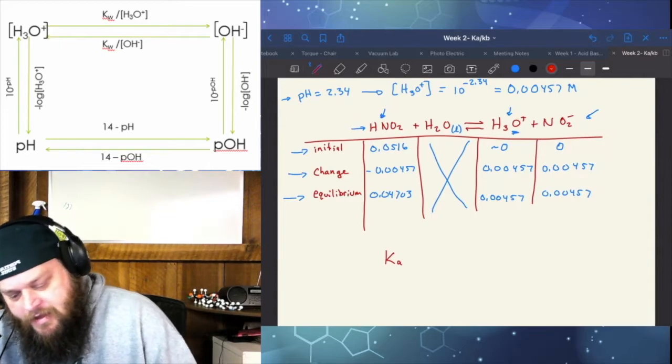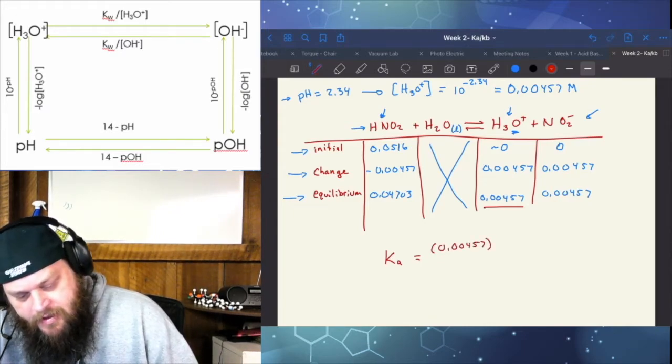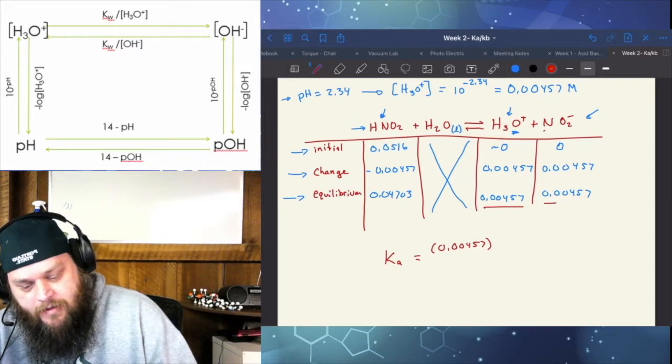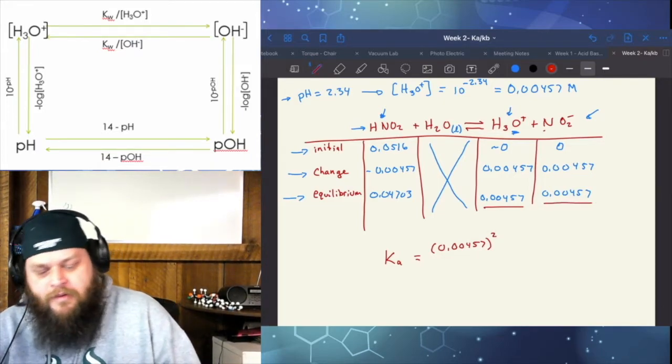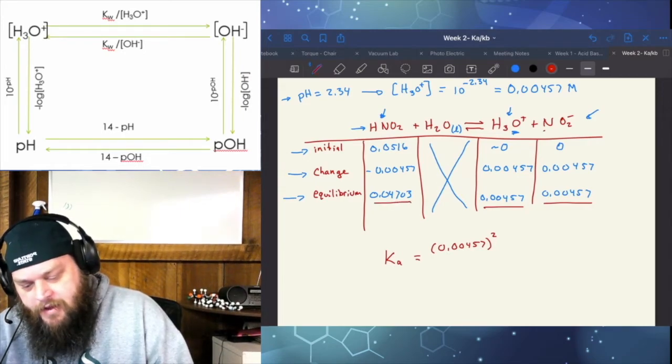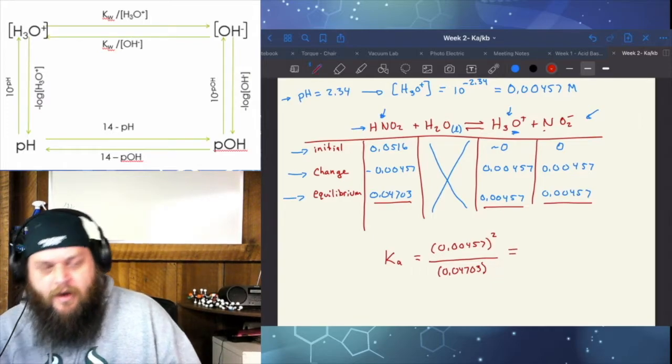Looking at these, the products here are the concentration of hydronium, 0.00457, times the concentration of the conjugate base. Since that's the same, I'm just going to throw a squared up there. And we're going to divide by the concentration of the acid, so dividing by 0.04703, we should be able to find our Ka value.